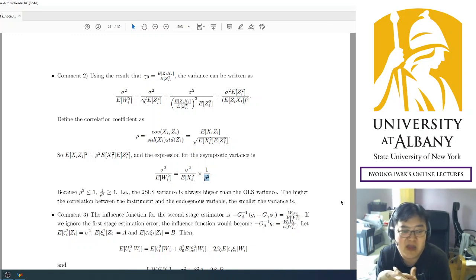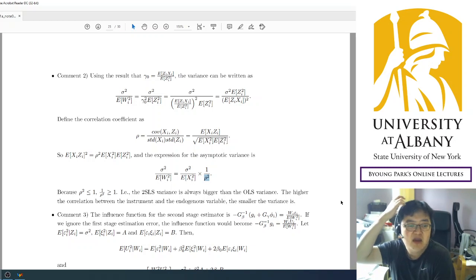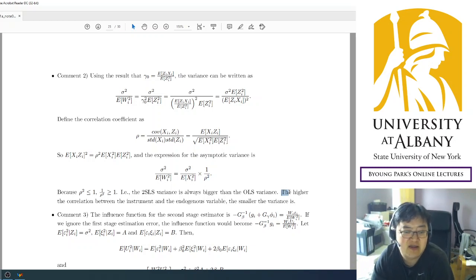So that makes no sense. And also you can say that the higher the correlation between the instrument and the endogenous variable is, the smaller the variance is. So if this correlation is close to 1, your two-stage least square estimator will have smaller variance, right? It's obvious.